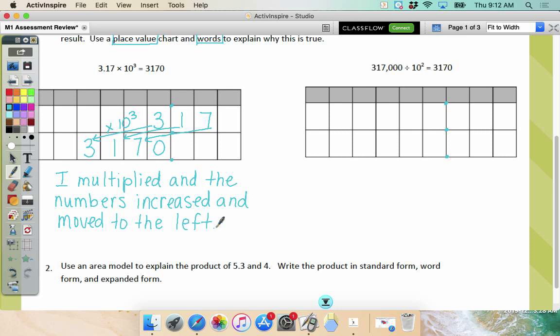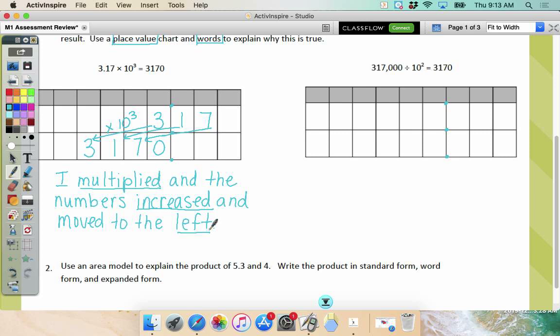So what important words are there here? Increased. Multiplied, increased, left. Those are pretty important, aren't they? Do you understand what just happened? Yes. And why we wrote that sentence? Yes. Okay.